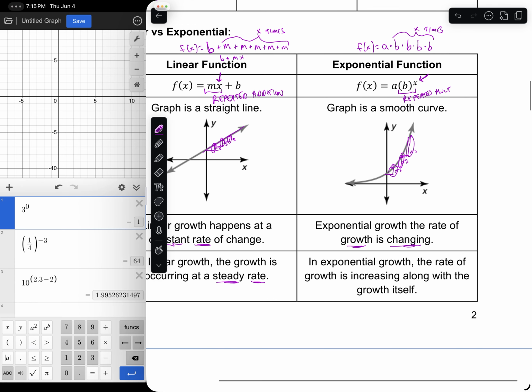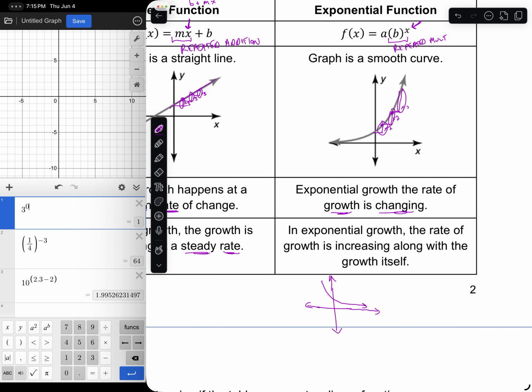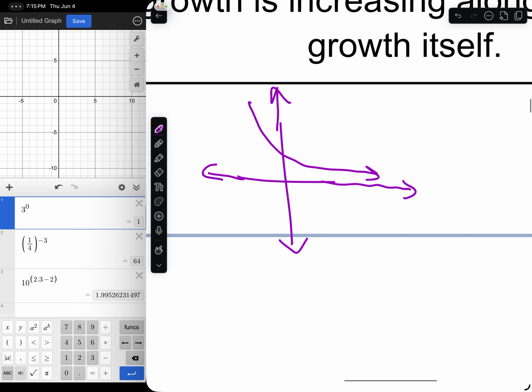Now, keep in mind, we could also have exponential decay. It doesn't always have to grow, right? Something can decay and get smaller and smaller and smaller. And the same rule applies in reverse, meaning the amount that I go down. So if I move over and I go down a certain amount, let's say I'm multiplying by 1/2.